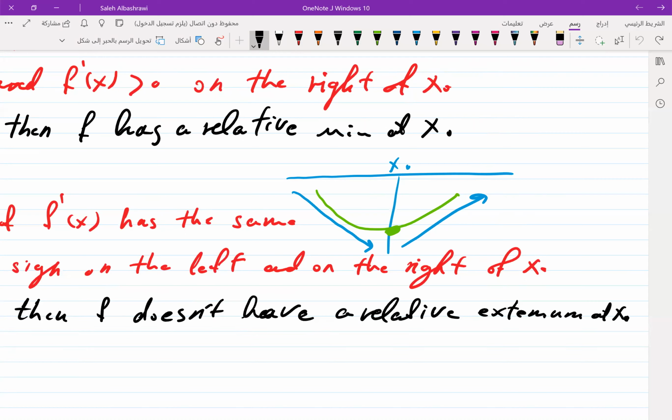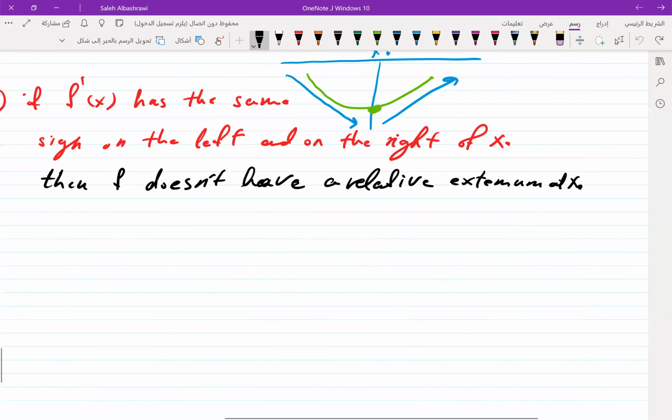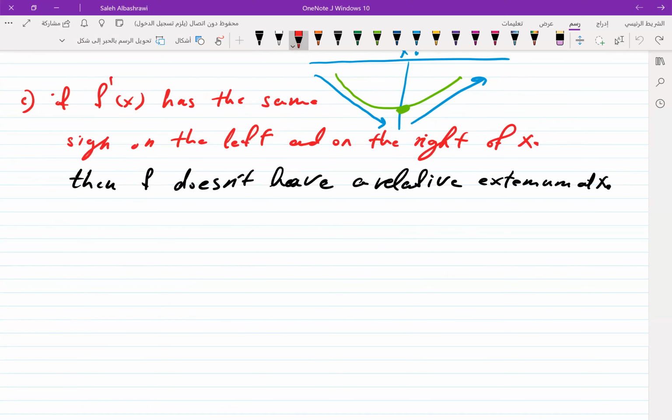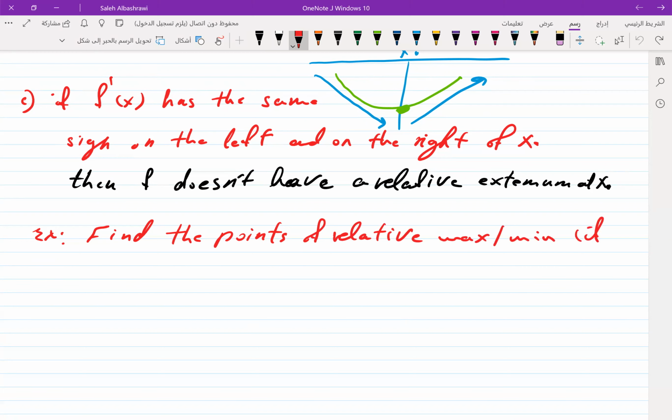Now to explain this with an example, let's find the point of relative maximum or minimum, if any, of the curve.